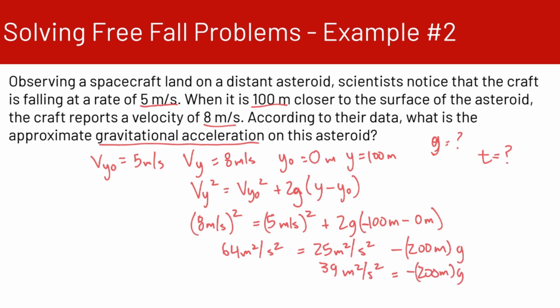Divide both sides by 200 meters, and we end up with g is equal to minus 0.195 meters per second squared. So it's a very small acceleration due to gravity, but it makes sense when you think about that the craft has fallen 100 meters and it's only gained 3 meters per second of velocity.